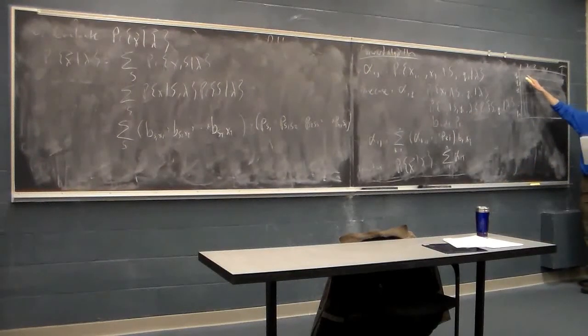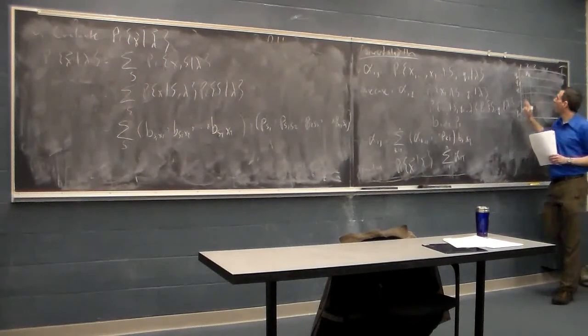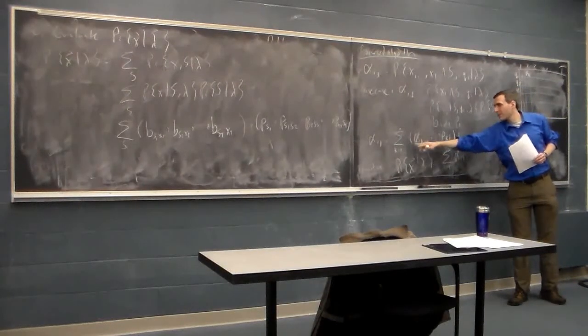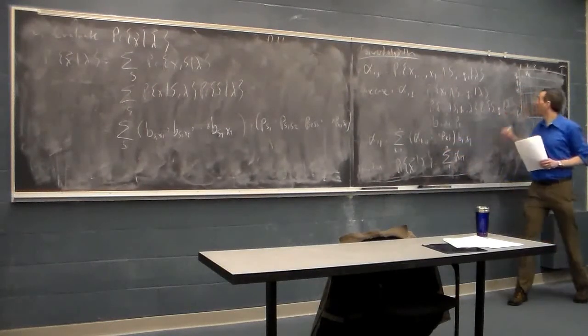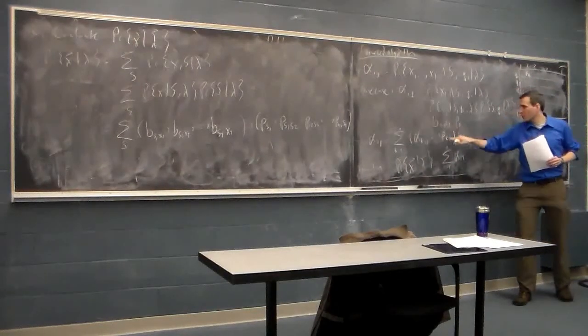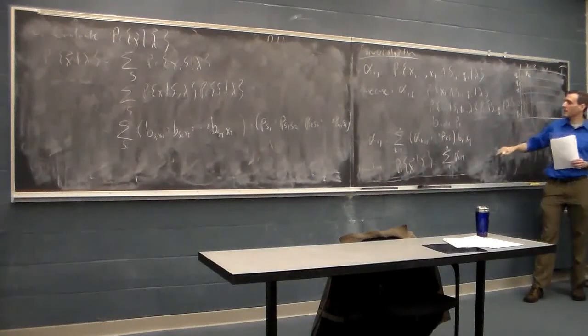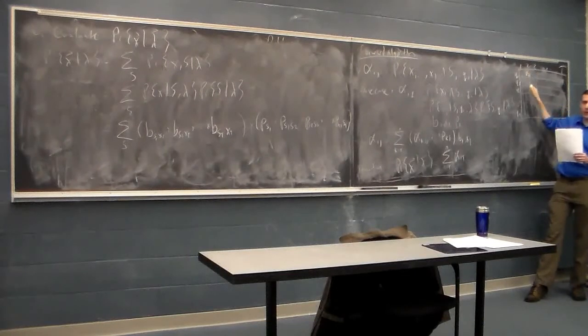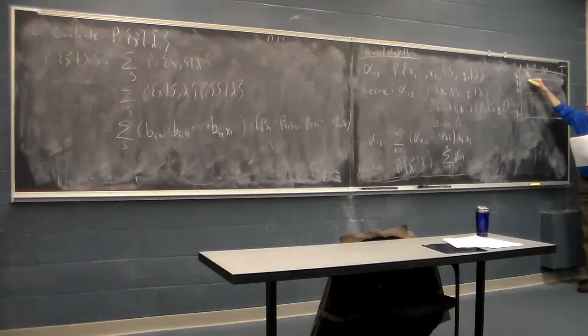So if we want to know the value of alpha 1, 2, what we would do is sum over alpha k1, the probability of ending in state k, then transitioning to state 1 here, and then outputting the proper character for step 2 in state 1. So we sum there, we can get that value.